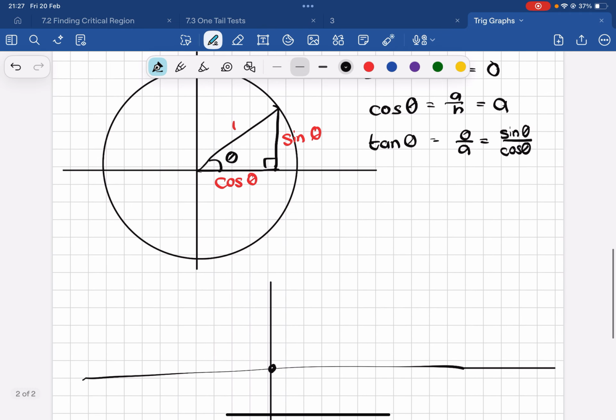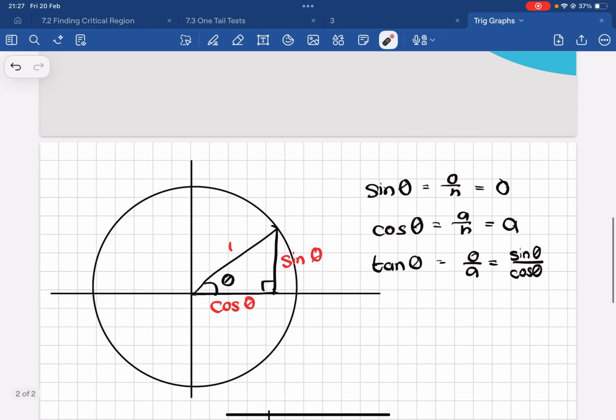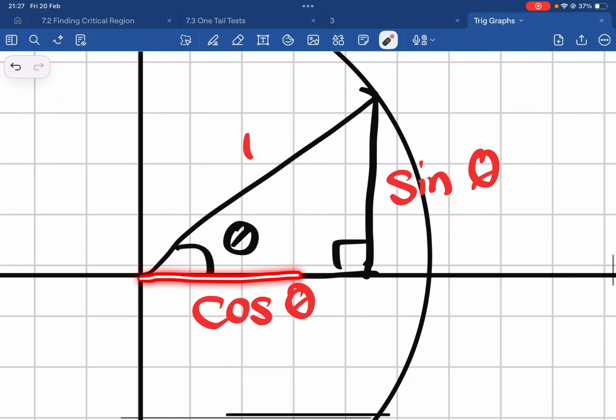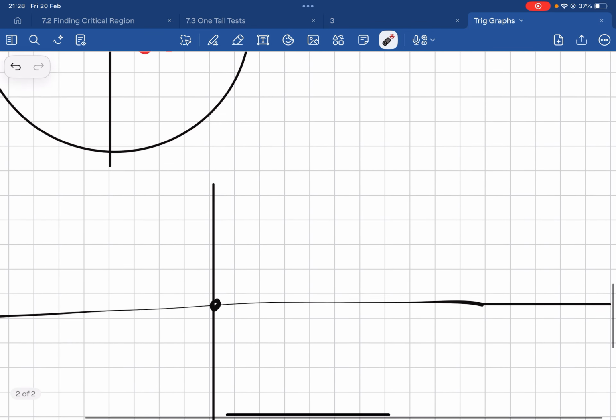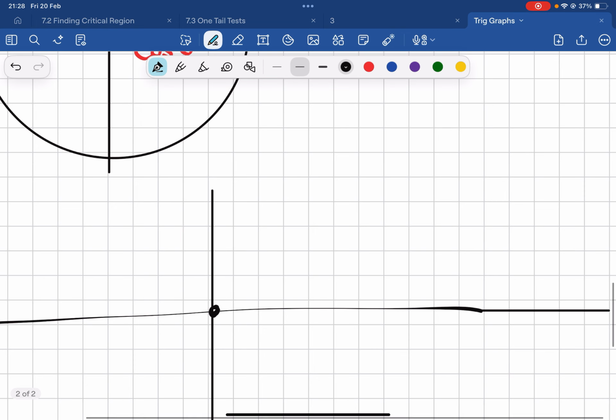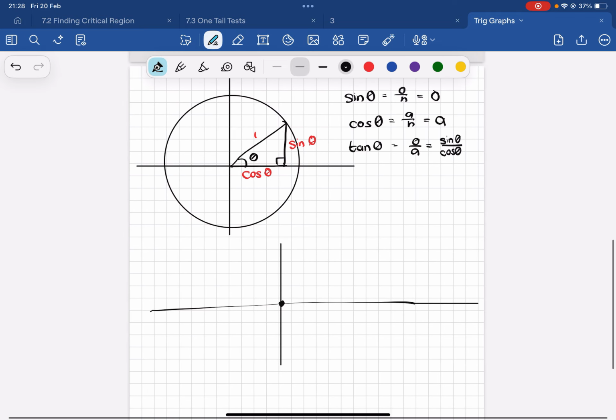When theta equals 0, so when our radius lies along the x-axis, our value of sine theta is just 0, because notice how we don't have any height. All we have is a width of cos theta, so we have a width of 1 and a height of nothing, 0. So we start off with the origin for sine theta.